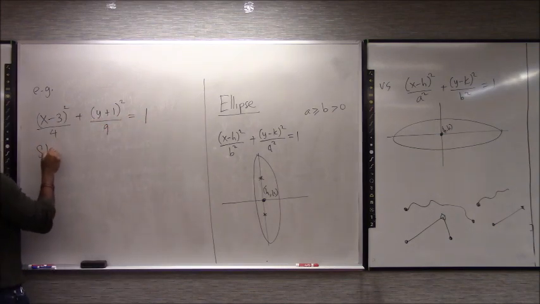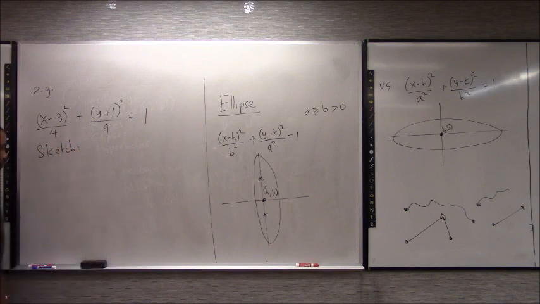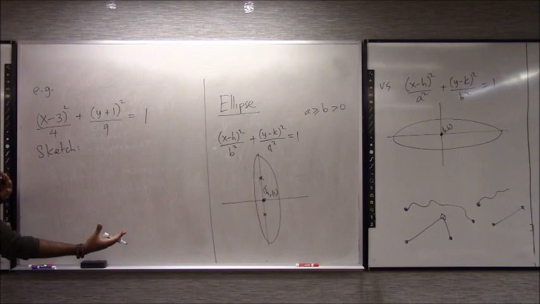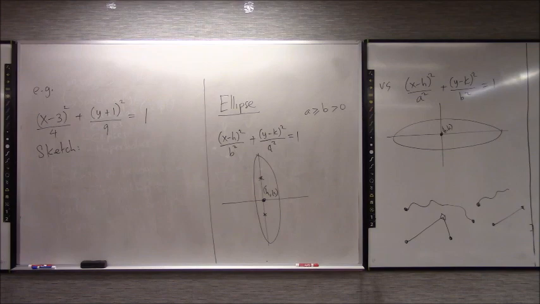How would you actually go about sketching this? Okay. So let's say you're given some equation, you can write it like this, and we'll do an example where you actually have to do that, but you had to sketch this.